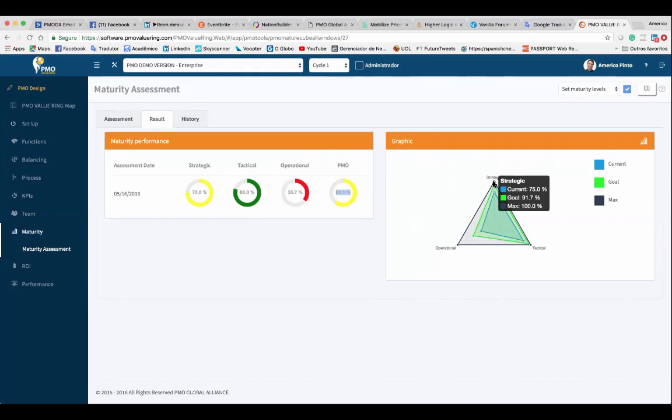So, for example, you can see that in the operational level, we have a gap between the blue line and the green line. This gap is what you have to evolve during the next 12 months. The gap between the green line and the black line is the distance that you have to run to reach the top maturity in the operational level.